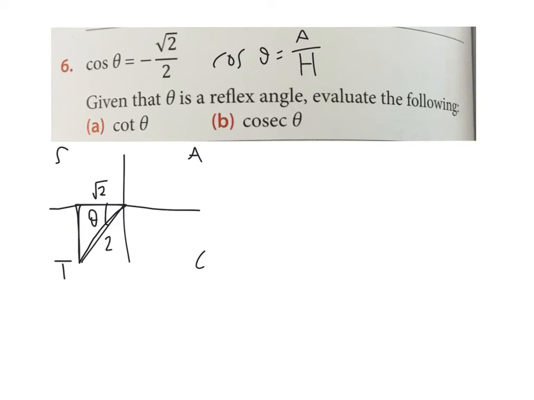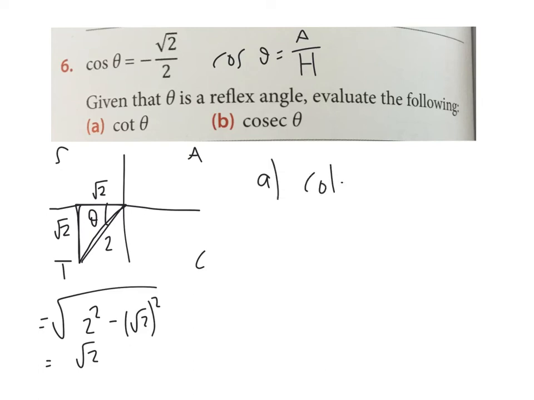It's going to be the square root of 2 squared minus root 2 squared. That is basically 4 take away 2, which is 2, so root 2. So there's your triangle.